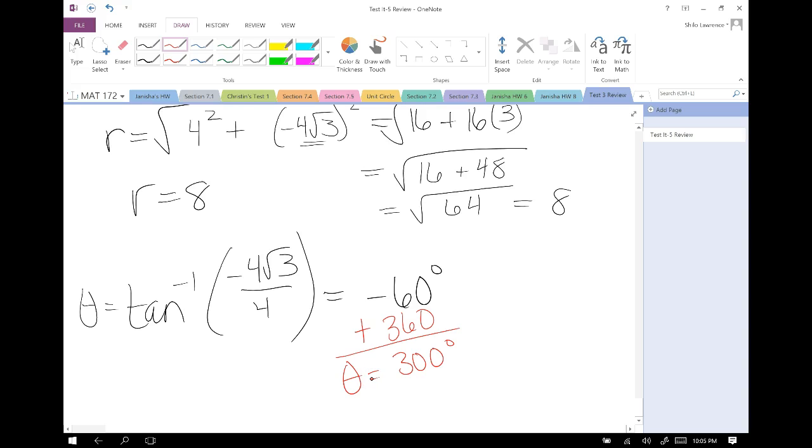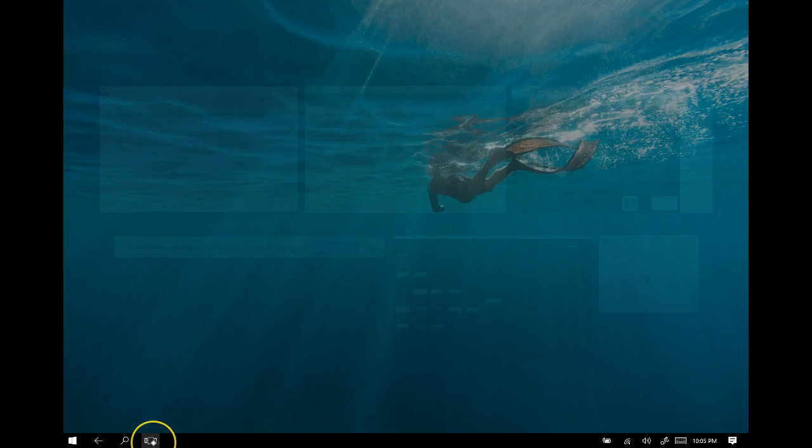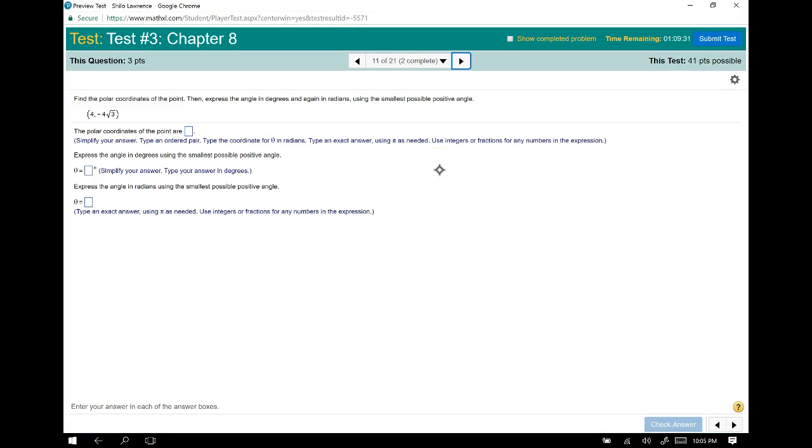Now in this problem, they want you to do it in radians and degrees. So look on your unit circle at what 300 is equivalent to. And I believe it is 5 pi over 3. So in this problem, they want you to answer a bunch of questions.